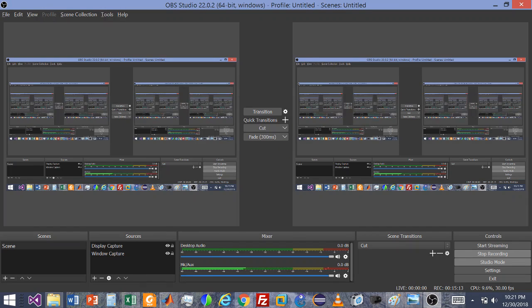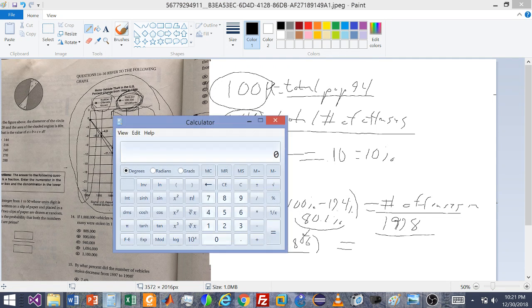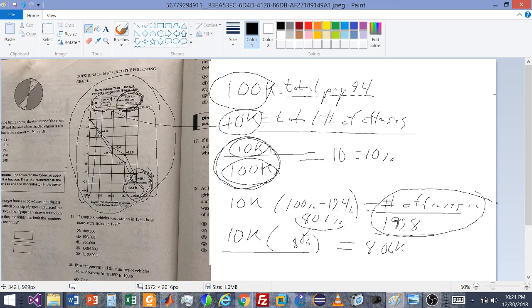So 10,000 times 0.806 equals 8.06 thousand. So 8.06 thousand total number of thefts in 1998.